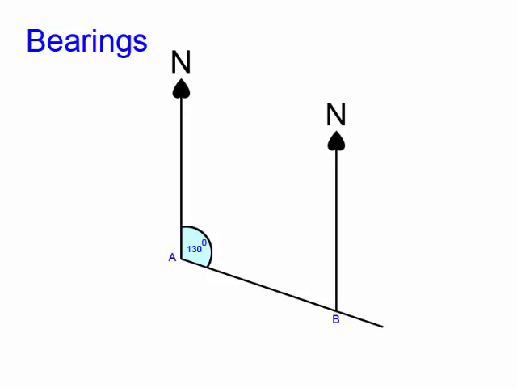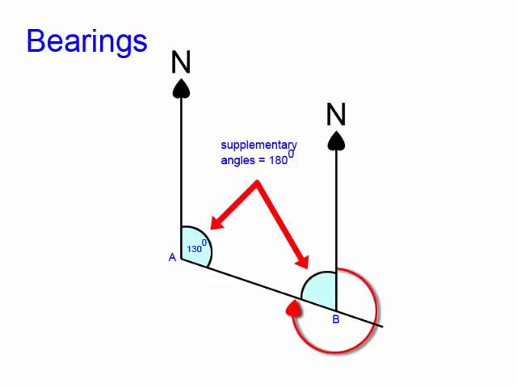Look at this example. Here we have to calculate the bearing of A from B. In other words, we are at position B and we want to calculate the bearing toward position A. So this is the angle we are interested in. Now, the angle properties of parallel lines state that supplementary angles add up to 180 degrees.